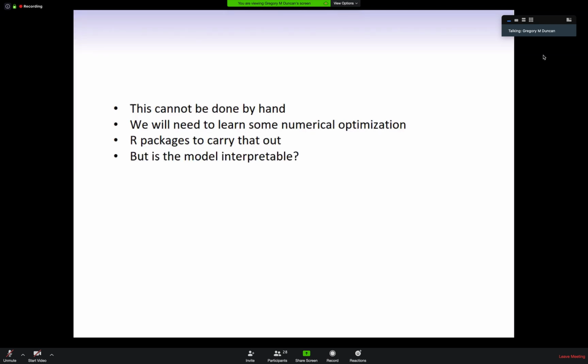Before we get to that, before we spend all this time learning numerical optimization for the logit model, we have to ask a question. Is this model interpretable? The whole point here was we were trying to come up with something that was kind of simple and interpretable. And we have to ask the question, is it in fact interpretable?